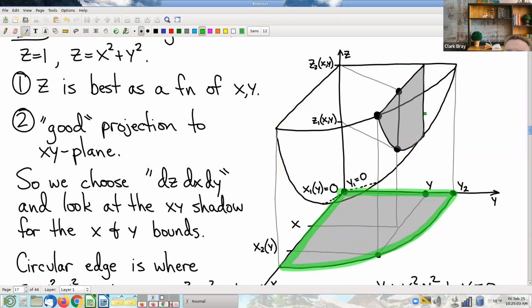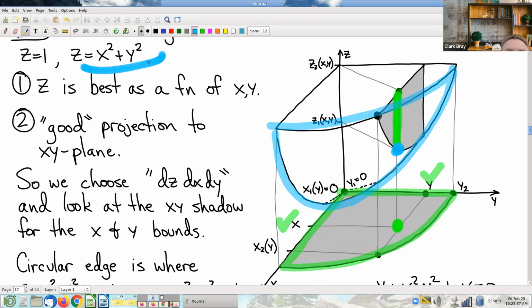Okay. But furthermore, another importantly nice thing about this projection is, if I were to look at a point in this projection, and let's pretend that I already know my x bounds and my y bounds, so x and y are fixed, and I just want to know, for that x, for that y, what's the range of values of z? Well, here's the relevant slice, and the point that defines the lower bound is always on that surface.